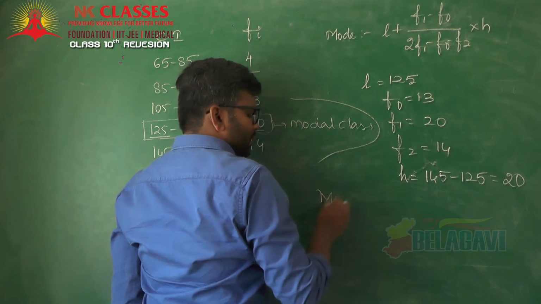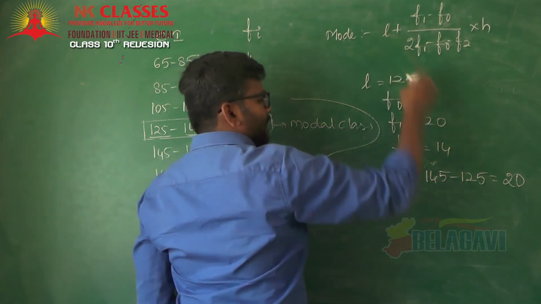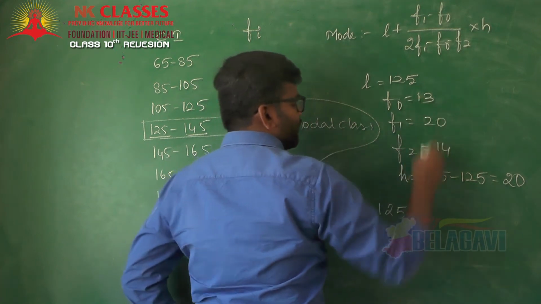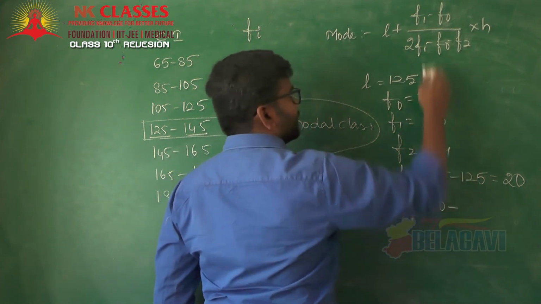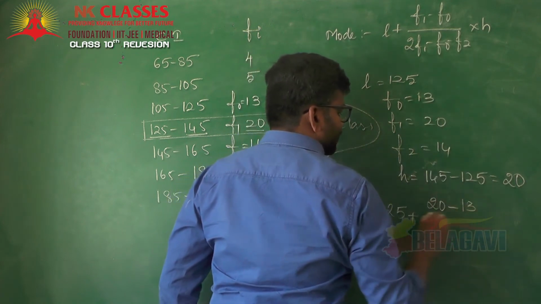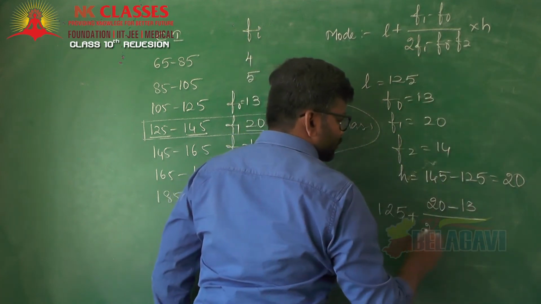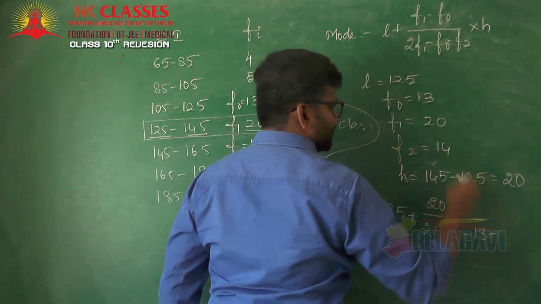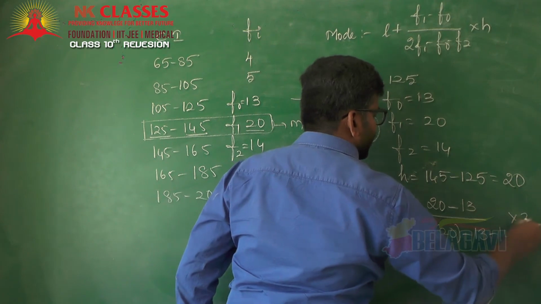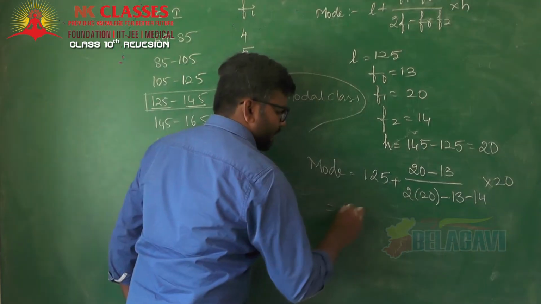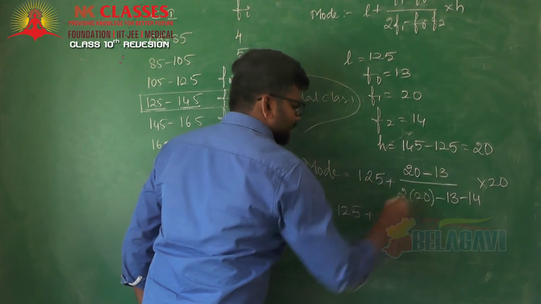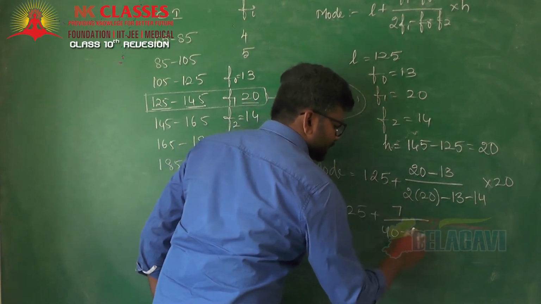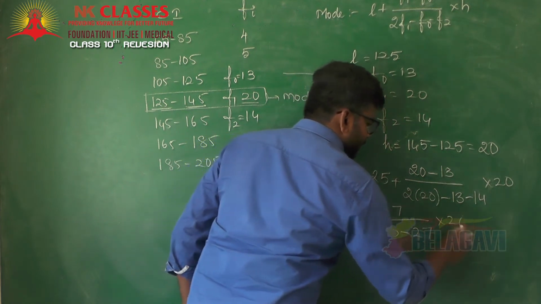Therefore mode is equal to, L value is how much? 125 plus F1 value, that is 20, minus F0 value, that is 13, by 2F1, that is 2 into 20, minus F0, minus F2, into height. 125 plus 7 by 40 minus 13 minus 14, that is minus 27, into 20.